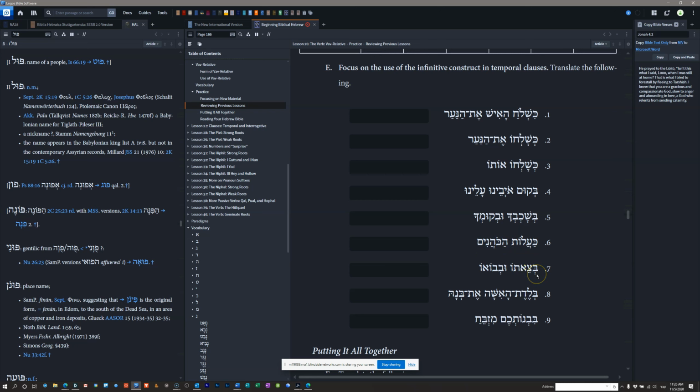Again, they will flee, but vav relative, they fled and did not Yakal. Probably Yakal, because this is going to be perfect. So Yakal, this is to be able, and you were not able to stand against them.